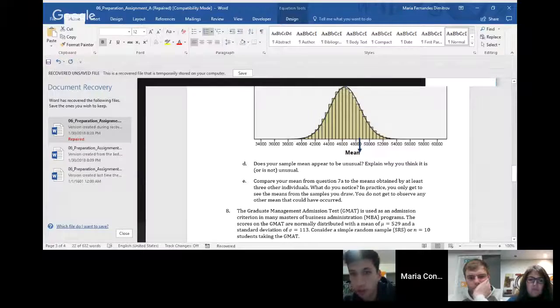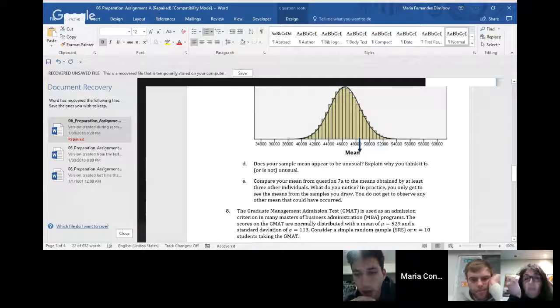I have no clue. So that was your mean from the sample, right? Yes, because you chose 5 from this chart. So that was what you got for a mean from the 5 that you chose from the chart, right? Yes.